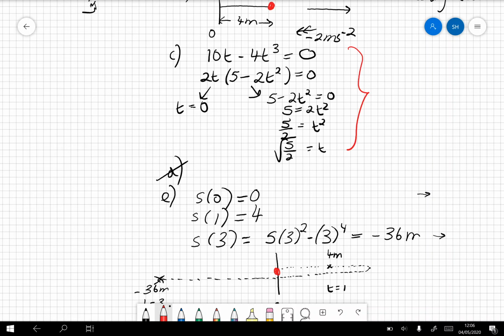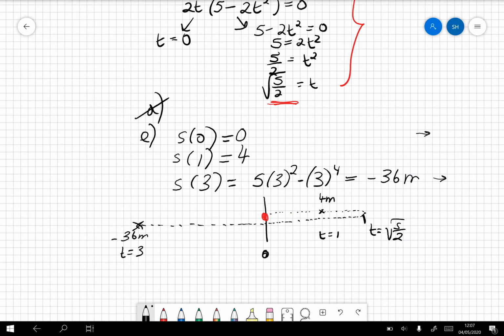So initially, at time 1, it was going at 6, but it was slowing down. This time is when it reached 0, and then it must have gone back the other way, so the velocity would have become negative. So we want to know how far we went at that turning around point. And the turning around point will be when you reach a 0 velocity.